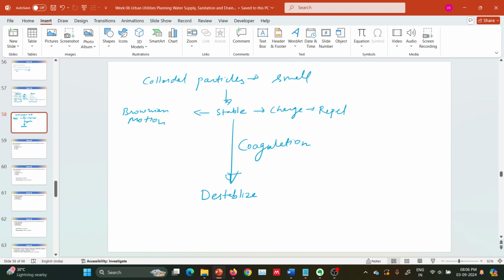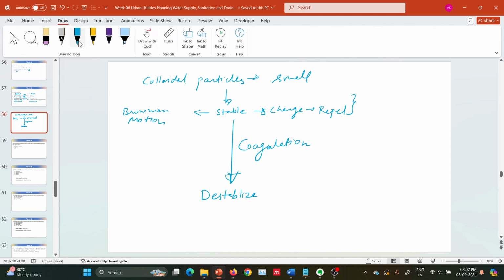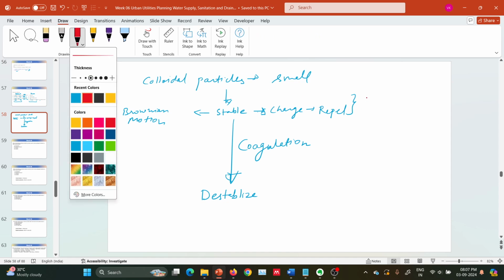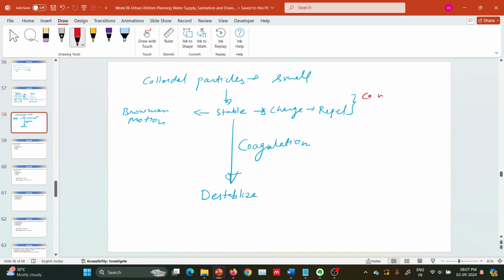Because of all these things, they don't agglomerate. They cannot agglomerate. Agglomerate means they cannot combine. And if they can't combine, they can't make a big floc and they can't settle.